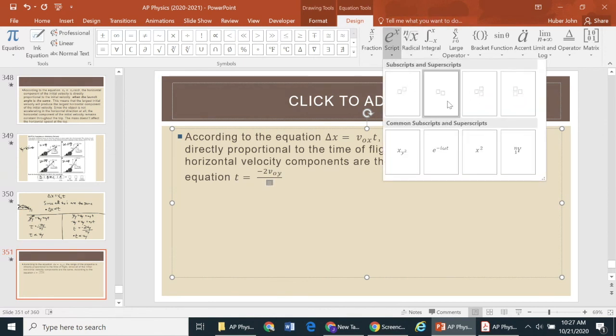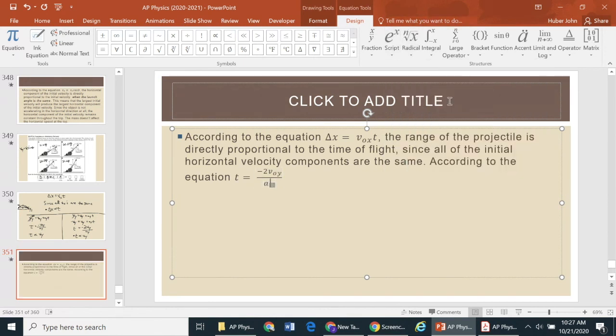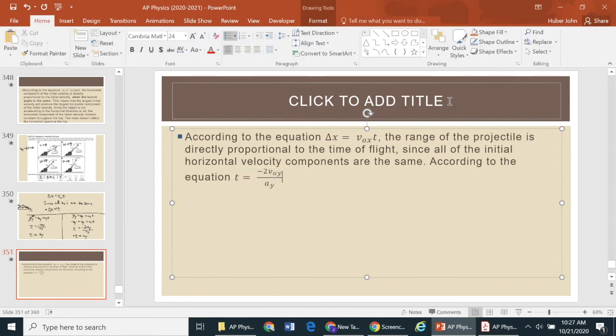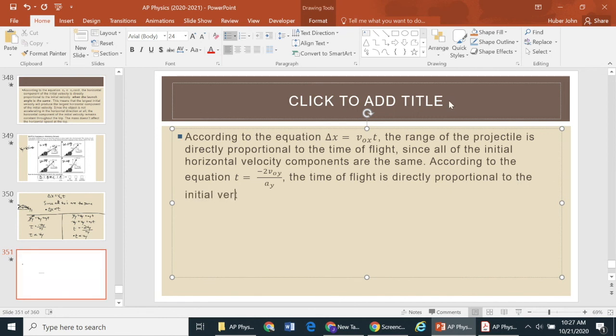Of course, if you did the time to the maximum height equation, it really doesn't matter, because if the time to the maximum height is bigger, that means the total time is bigger. But I'm going to write here, according to the equation t equals negative 2v naught y over ay, the time of flight is directly proportional to the initial vertical velocity component.